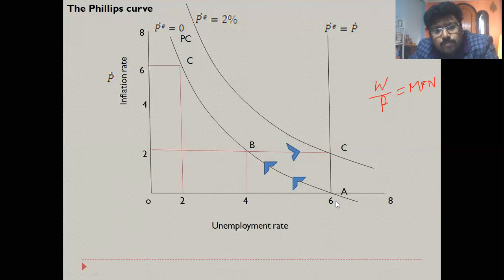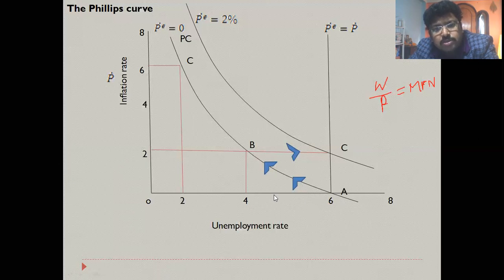Suppose you have taken the expansionary monetary policy to reduce the unemployment rate. Again the same situation will happen.